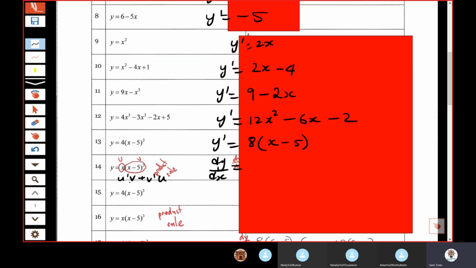All right, u dash. Yeah, Larson, let's try this one. U dash. What's u dash? Well, u dash, so you're going to differentiate that. You're going to just differentiate x. 1.